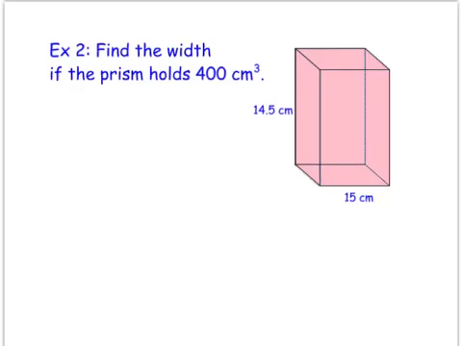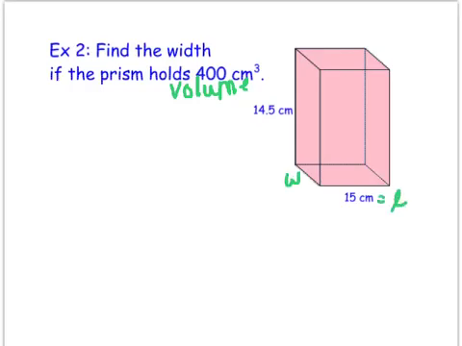Alrighty, now this one's a little more challenging. It says find the width if the prism holds 400 centimeters cubed. Okay, when we're talking about how much it holds, we are talking about the volume. So it gives us the volume. So let's first label length.